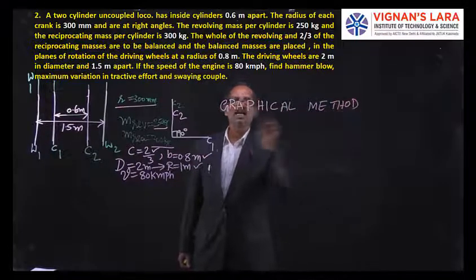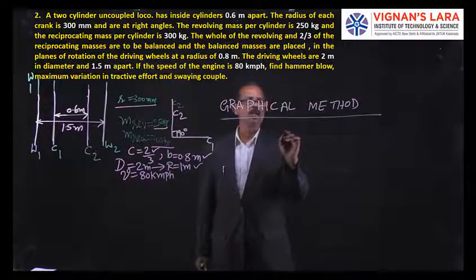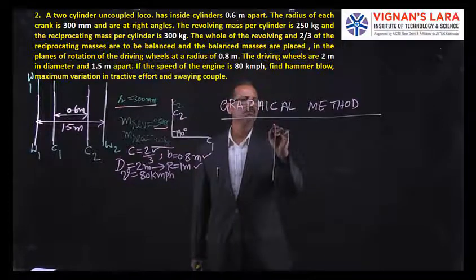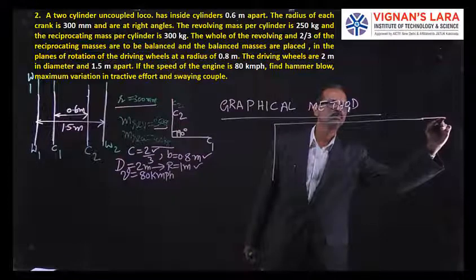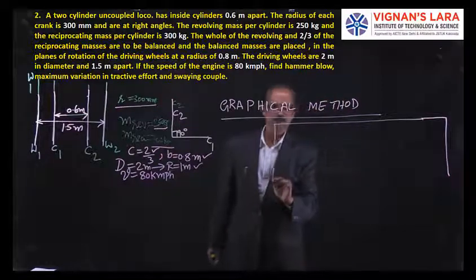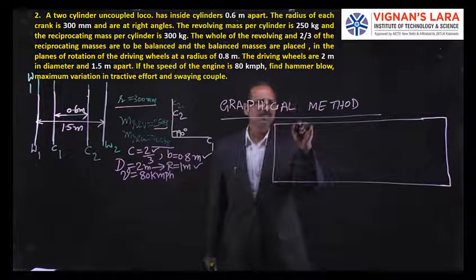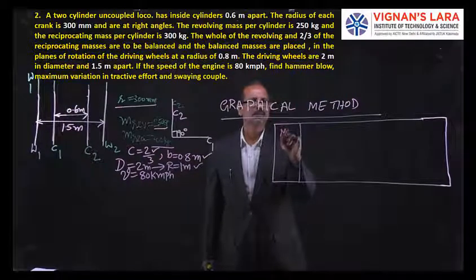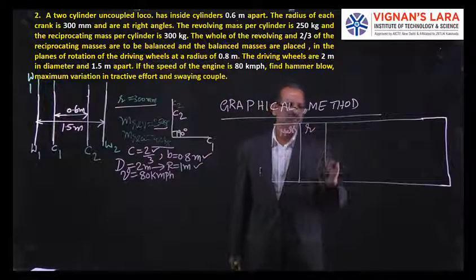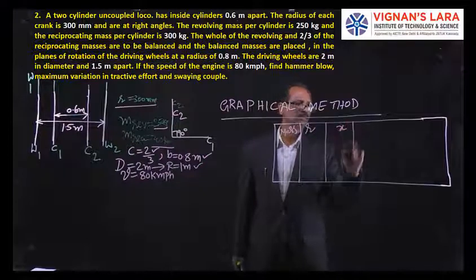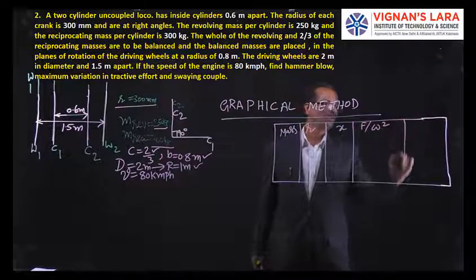For the graphical method, what we require is a table. The table consists of the mass, radius, then x, then force by omega square, then couple by omega square.